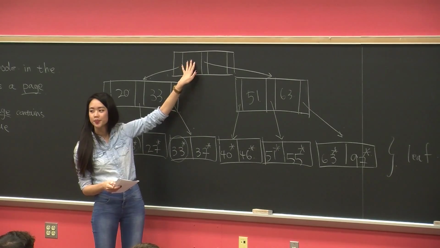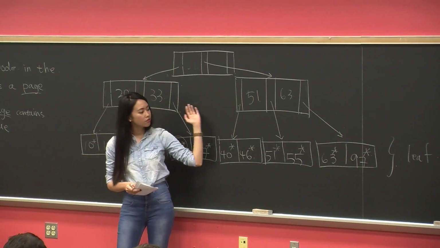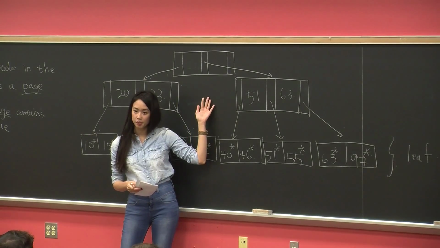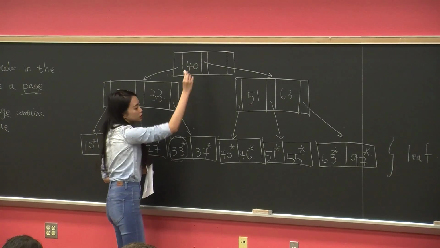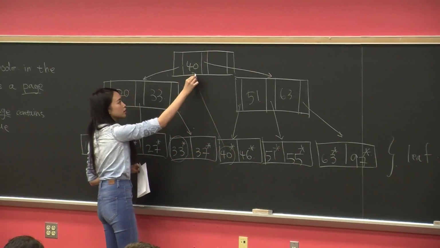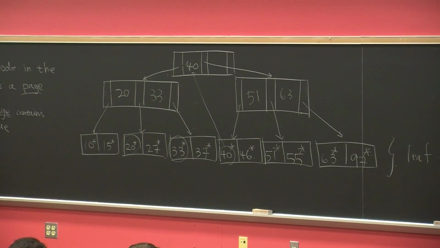So what should we put? In some sense, we find the tree on the right side and the minimum of it, right? So it's 40. So you see we have this value up there. Okay, so it's the first one. So that's how we actually construct it.